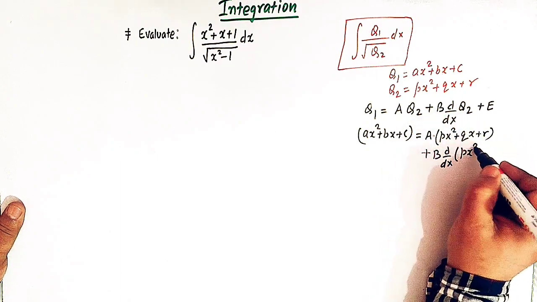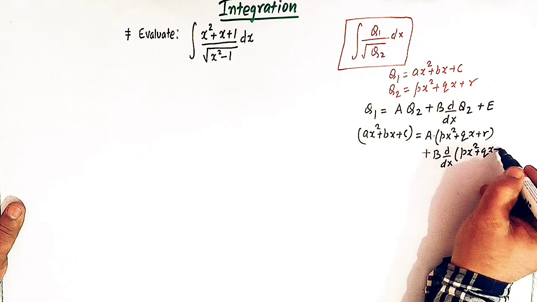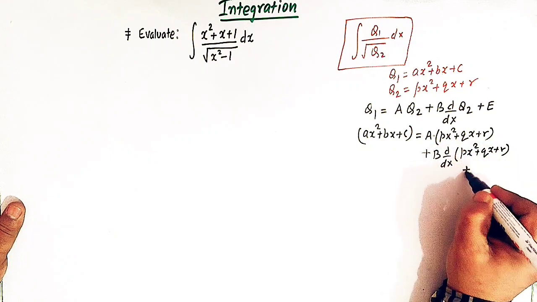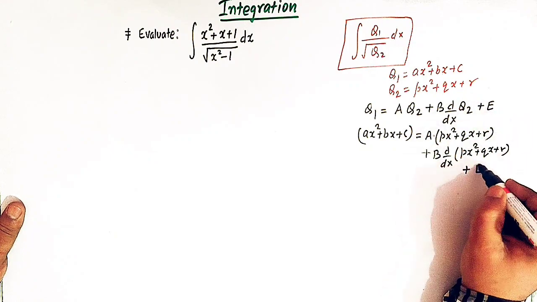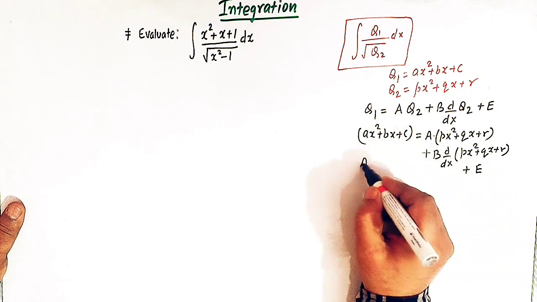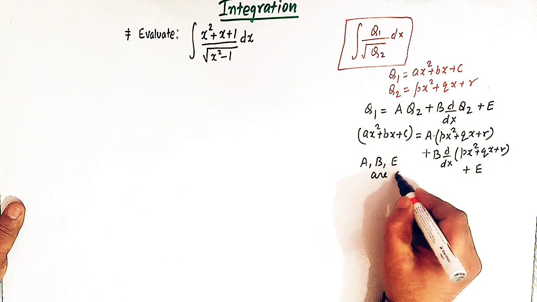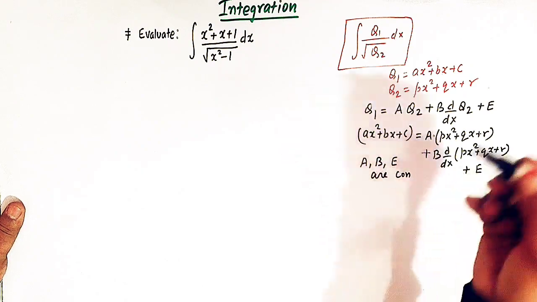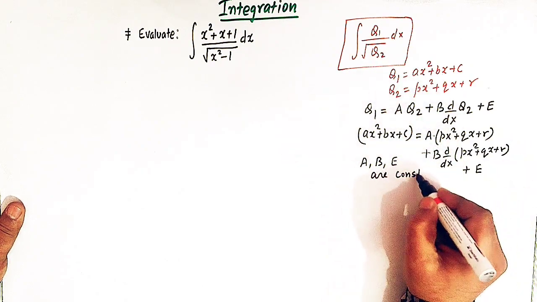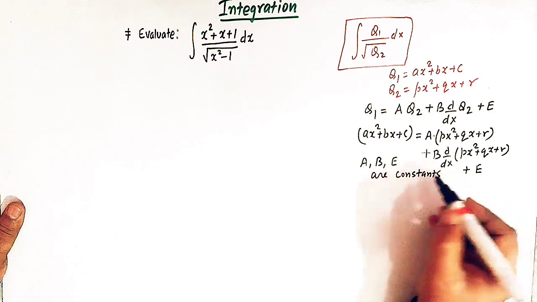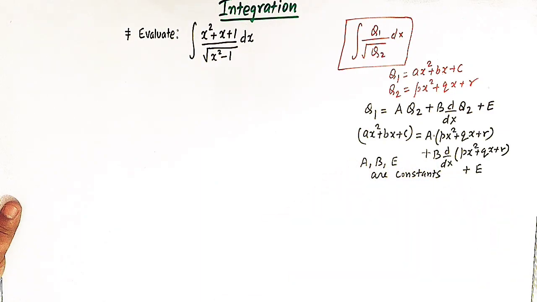q2 is px square plus qx plus r, and then we have this term e, right, where a, b and e are the constants which are to be calculated, right? So a, b, c, e are the constants, right?